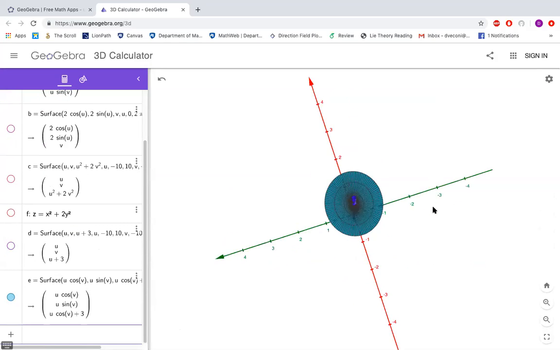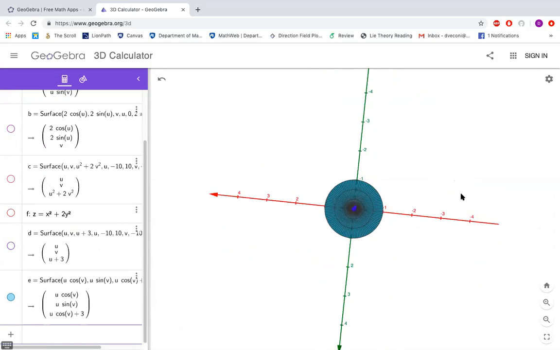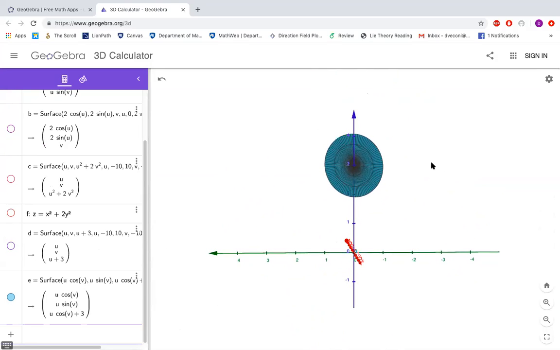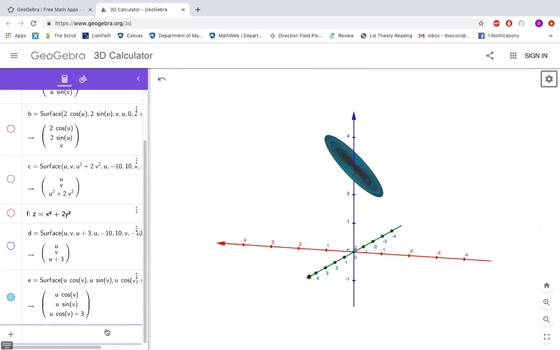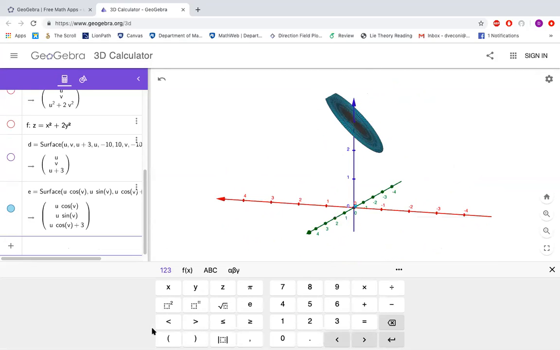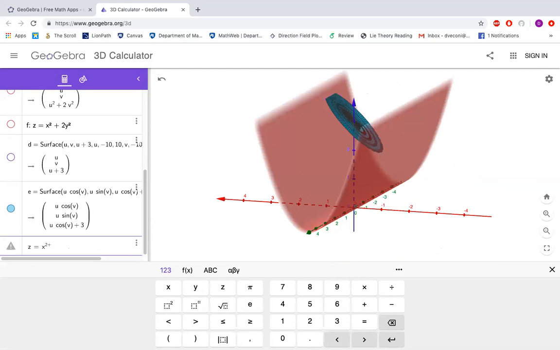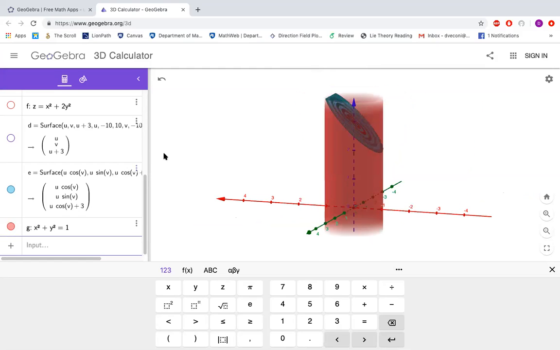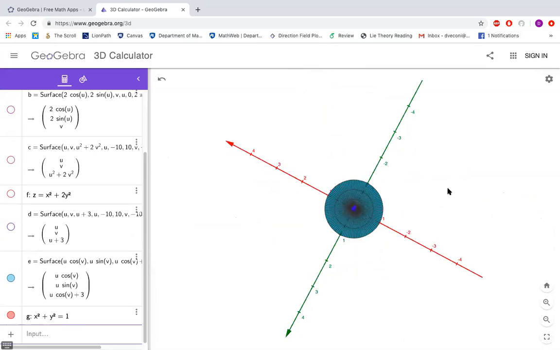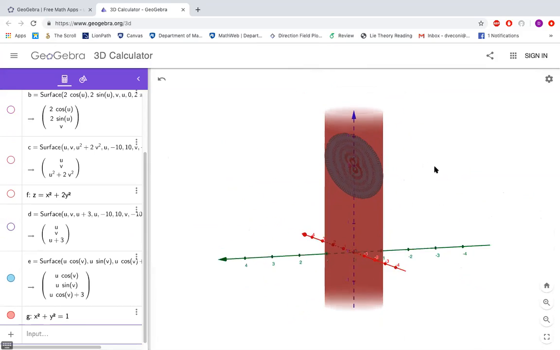Now that gives us a part of the plane that's inside the cylinder. Let's actually plug in that cylinder. Z equals x squared plus y squared. Oh, sorry, that's not what I wanted at all. Let me try that again. X squared plus y squared equals 1. That was the cylinder that I was looking for. And we see that the plane is perfectly nested inside of that cylinder.